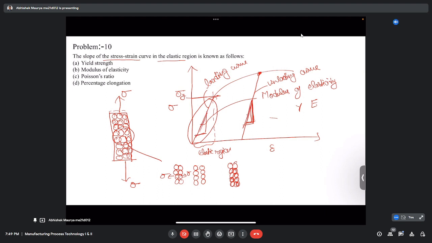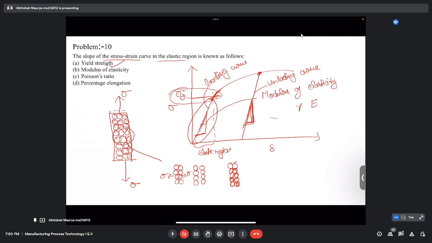Apart from that, from the stress strain diagram we can find the yield strength sigma y. If you have seen the lecture, here the transition from elastic to plastic region is not clear.